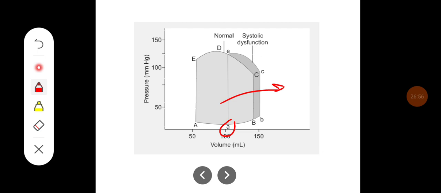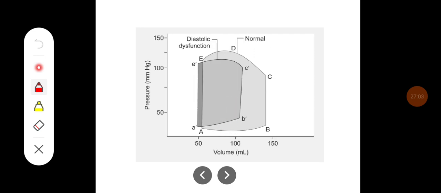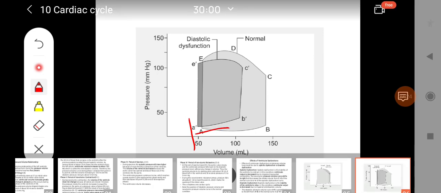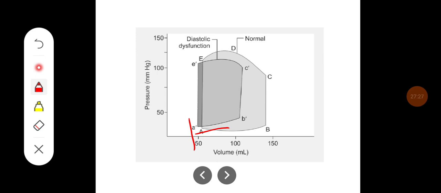So that is why this loop is going to shift to the right side. Whereas in diastolic dysfunction, where the ventricles are unable to relax properly, the end-diastolic volume itself is low, and further, because of the diastolic dysfunction, there is decreased cardiac output. Because of which the pressure volume loop is going to shift to the left side.